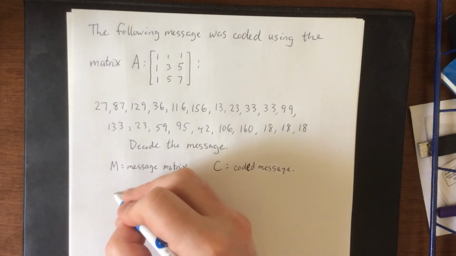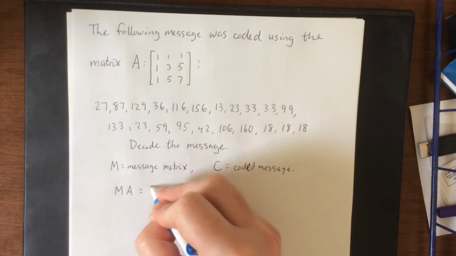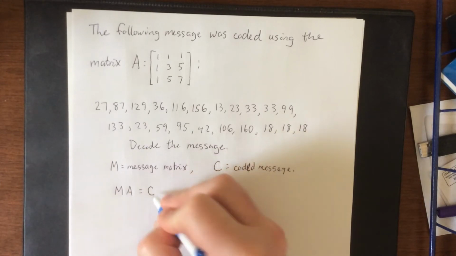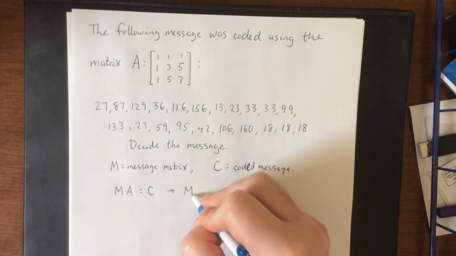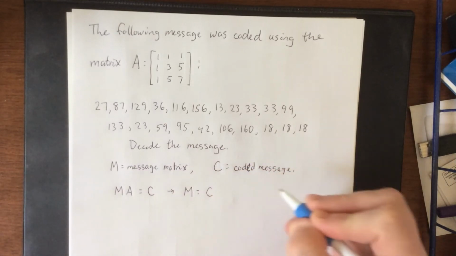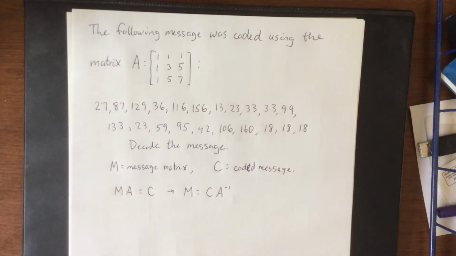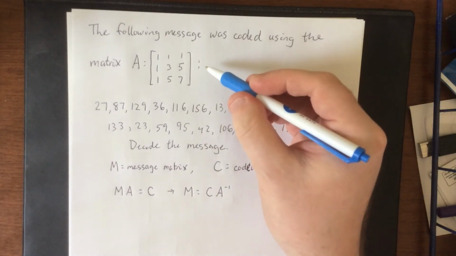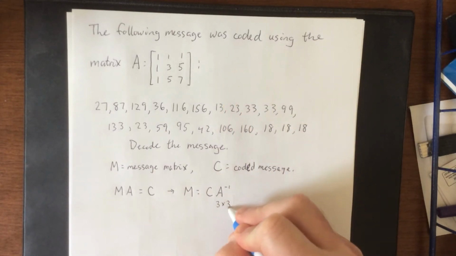When we took our message matrix and multiplied on the right by A, that gave us a coded message. Using the same logic, to find the message matrix, we multiply the coded message on the right by A inverse. Since A is a 3x3, A inverse will be a 3x3 as well.